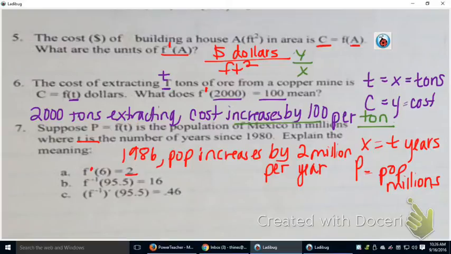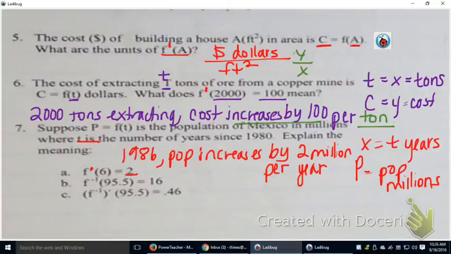So every year, the population would increase by 2 million in Mexico in 1986. If the population was decreasing, that would mean there would be bunches of deaths, maybe a plague or something like that. But most of the time, population would be increasing, I would think.